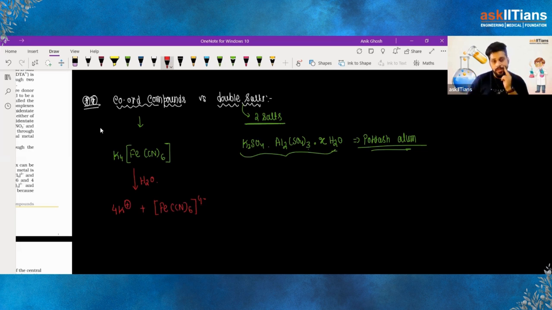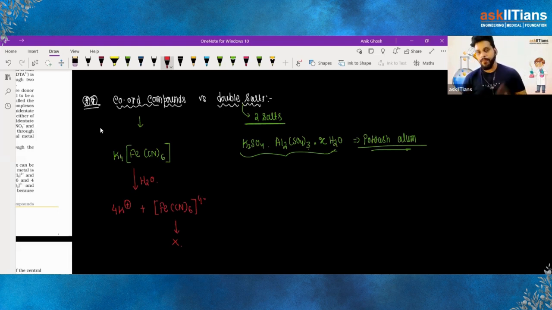But the thing inside the coordination sphere would never break into ions. Because, guys, they're not an ionic compound. Come on, that's a simple thing. They're coordination compounds, right? There are coordination bonds present in them. So that's why they do not break. Only the coordination sphere and the counter ions break apart.